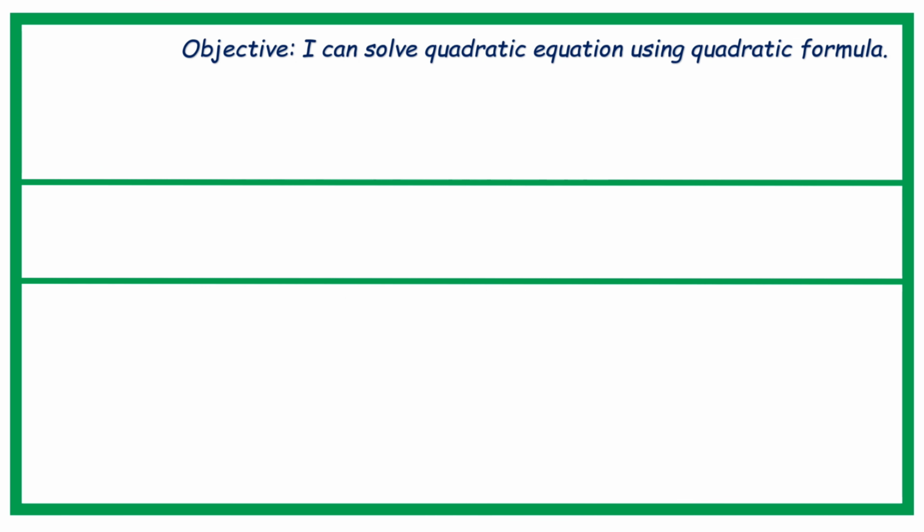Let's have another example. Again, our objective: I can solve quadratic equations using the quadratic formula. Let's do this. It's different. X squared equals negative 6x minus 9. What are we going to do?